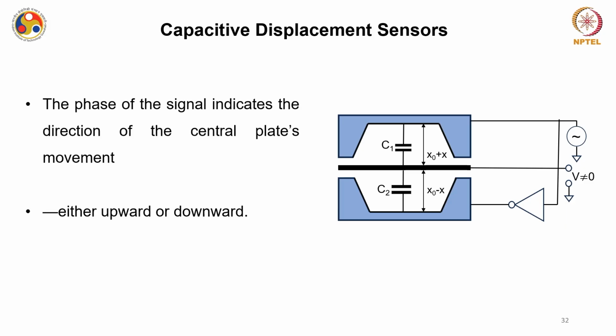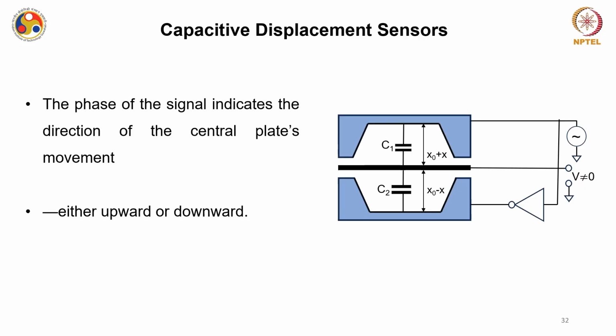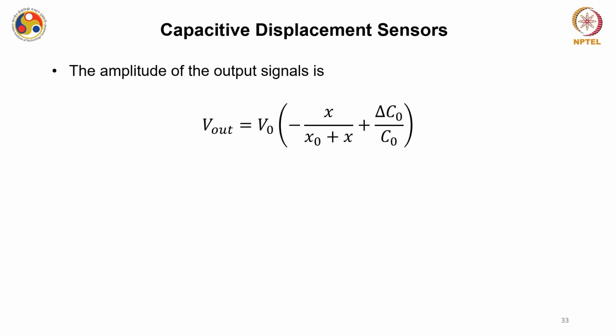And the phase of the signal indicates the direction of the central plate's movement. You know that for displacement, along with the distance of movement, the direction is also required, and this direction is given by the phase of the signal detected. So it can tell you about the upward movement of the central plate, or it can also tell you about the downward movement.